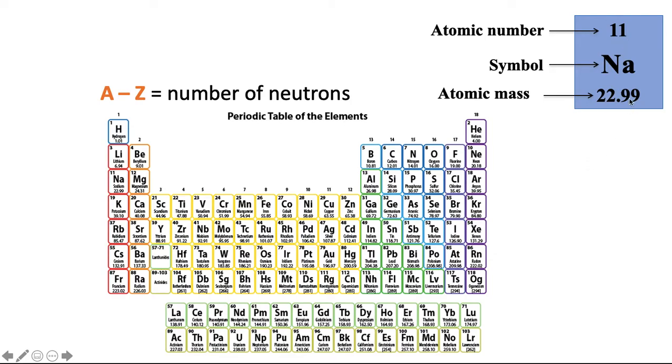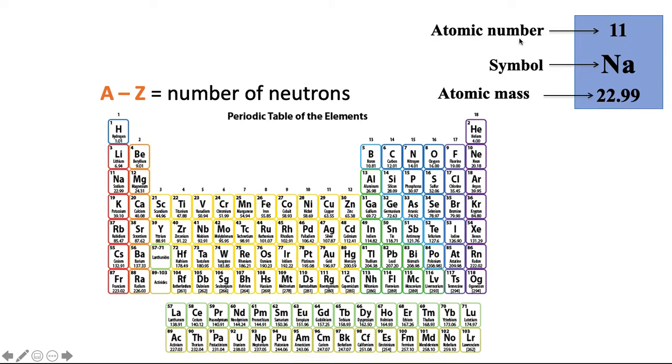The protons in a nucleus of an element are like its fingerprints. If I change the atomic number, so if I go from 11 to 12, you see I added 1 proton, and now I don't have sodium anymore. I have a completely new element, which is magnesium. So if you change the number of protons of an element, you change the element completely to a different one.